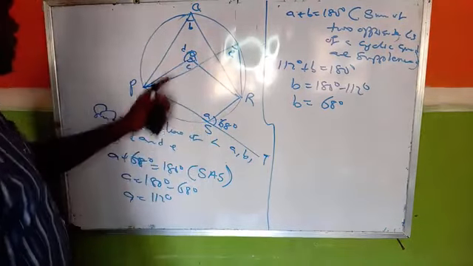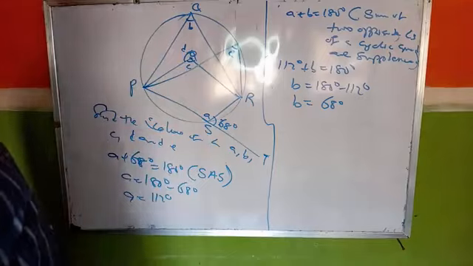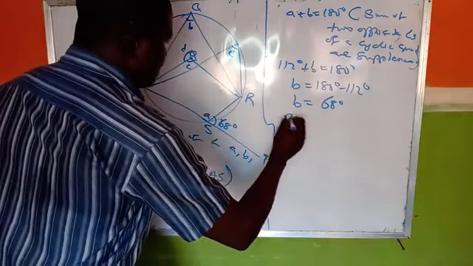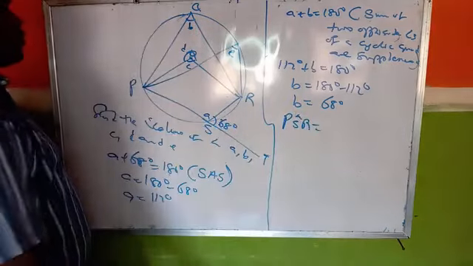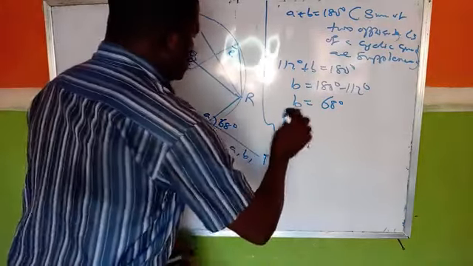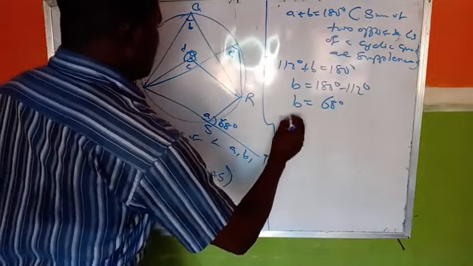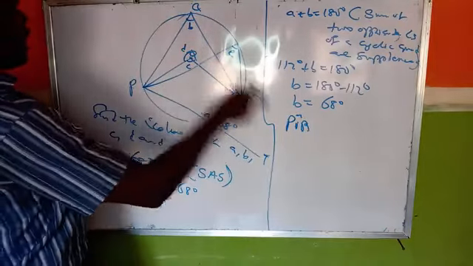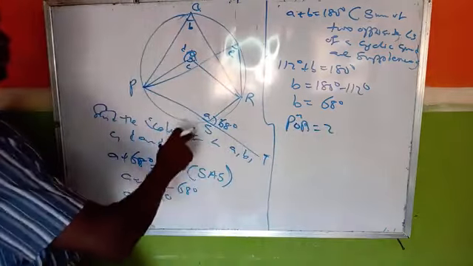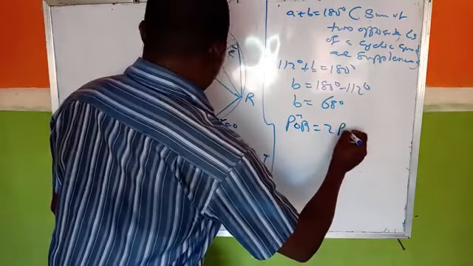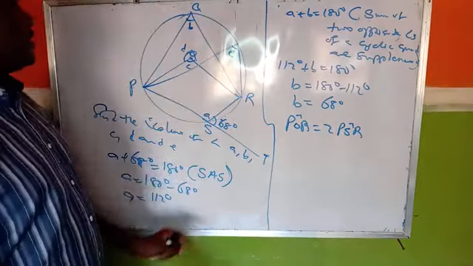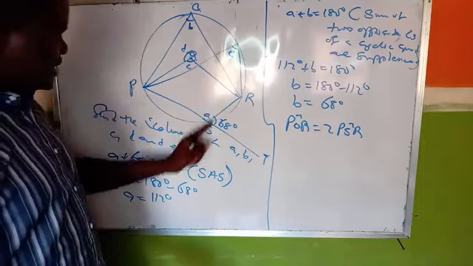Again, let's calculate D. Move it to D. You can see the angle, look at PSR. Angle POR, we're talking about the reflex angle there, is equal to 2 times angle PSR.